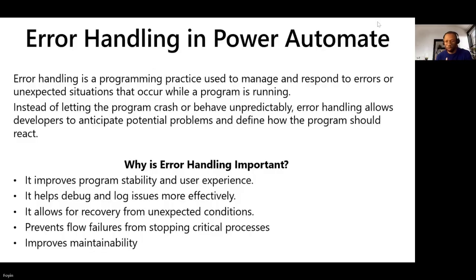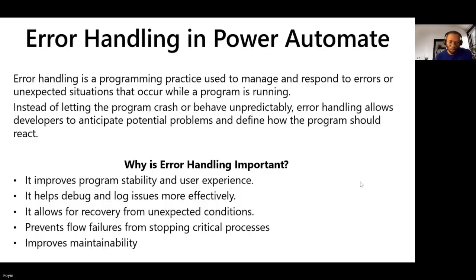It's more stable because you've anticipated the potential errors that can occur, and you have told it, okay, if this happens, then do this. And it also improves the user experience, because user experience is very important when you are building your applications. If it's failing today and working at another time, then users might be discouraged from using that particular application because they are not sure when it's going to fail or when it's going to work.